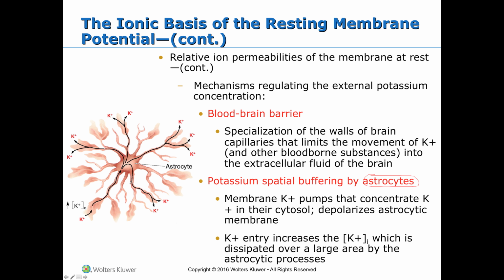That potassium entry will increase the concentration of potassium inside, which will then dissipate over the large area across the astrocyte. Hence why it's known as potassium spatial buffering. The large amount of potassium inside the astrocyte is able to be buffered out across the surface area of the astrocyte, taking away from the direct extracellular area that can impede with functioning of neurons.